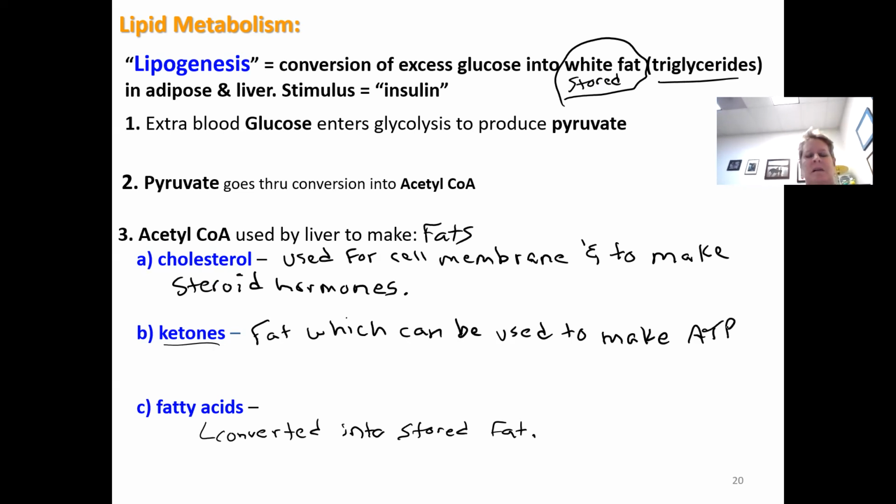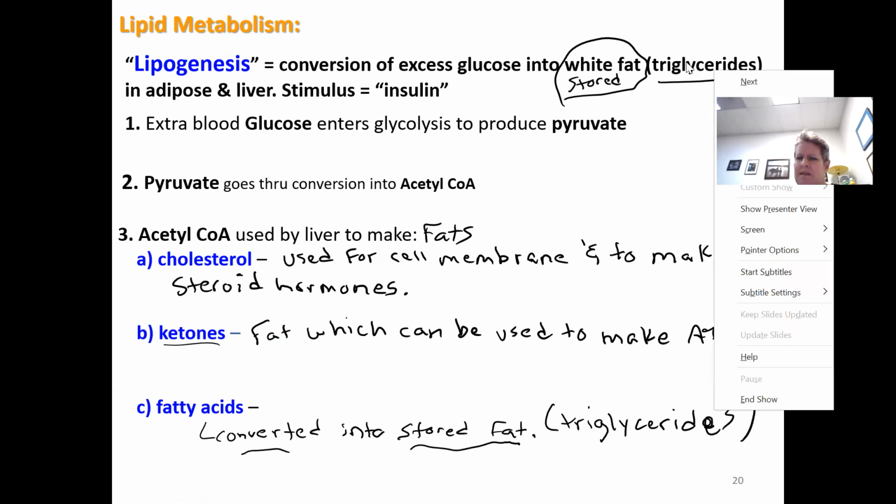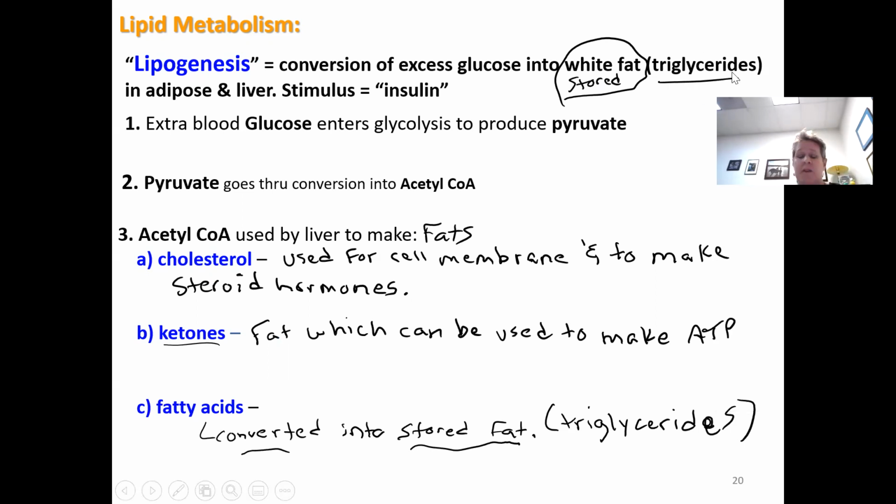And lastly, acetyl-CoA is used to make fatty acids. So fatty acids are converted into stored fat, which is called triglycerides. Triglycerides are the stored fat that we have underneath our muscles, above our muscles, underneath our skin. You can also find stored fat in certain organs like the heart.